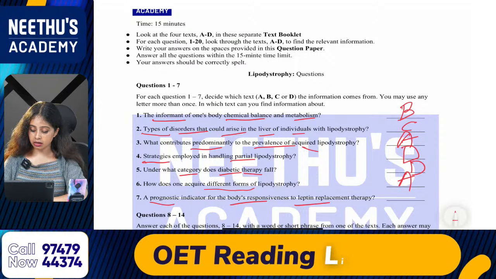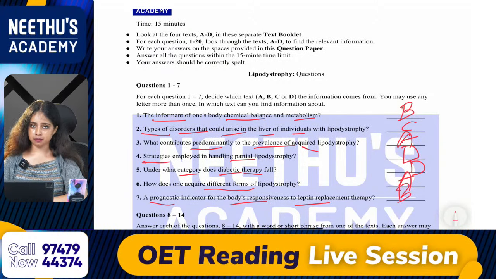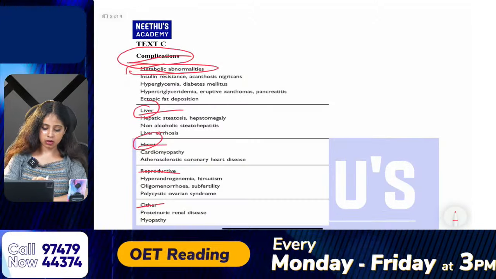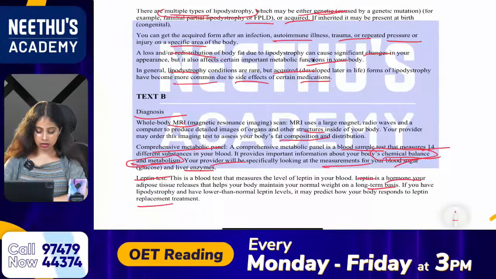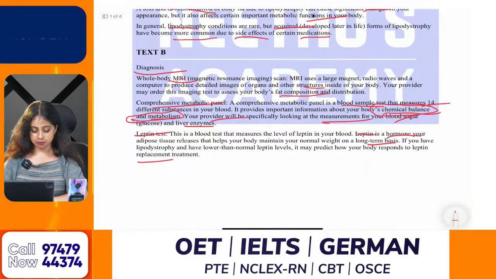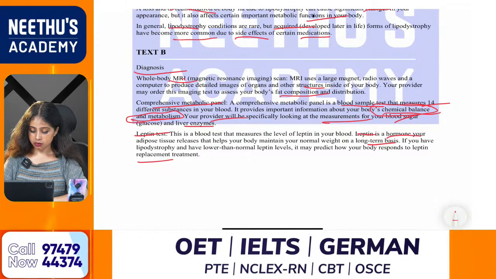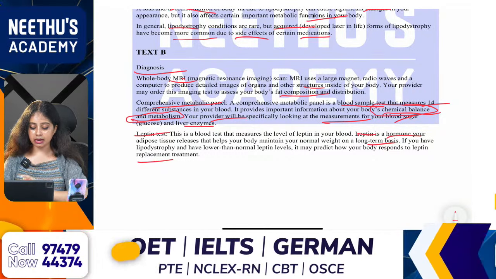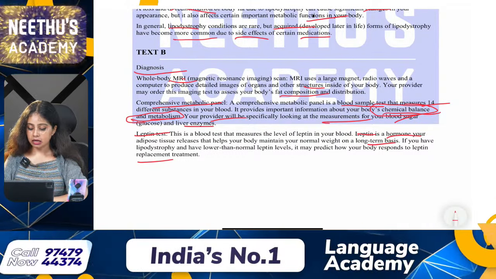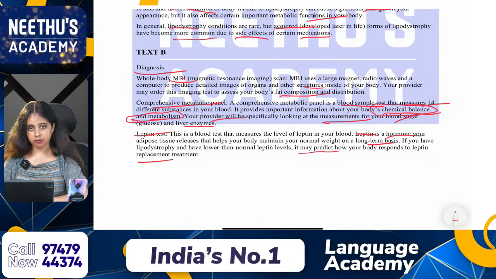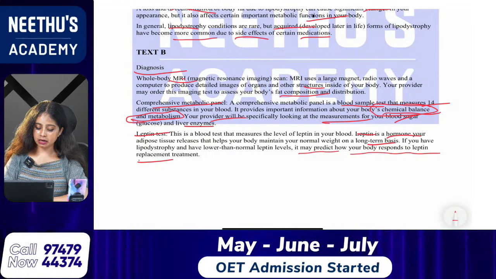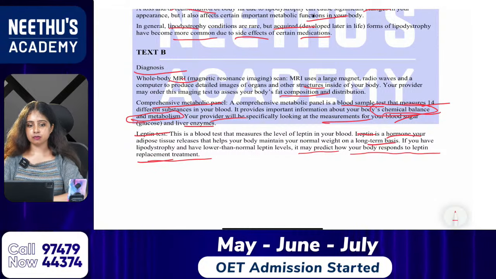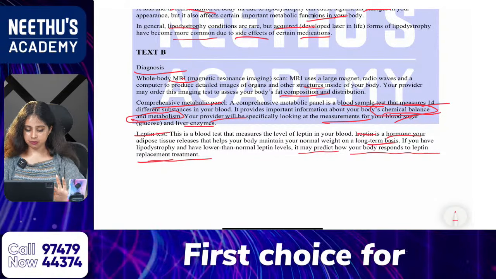So which is mentioned in text B. As you can see here, in text B, they have mentioned in the final paragraph. The last paragraph, the second last line. It may predict how your body responds to leptin replacement therapy. So that is text B.